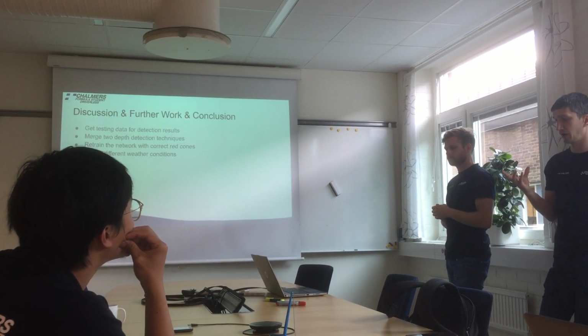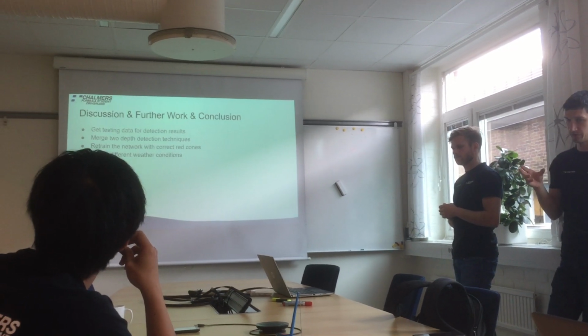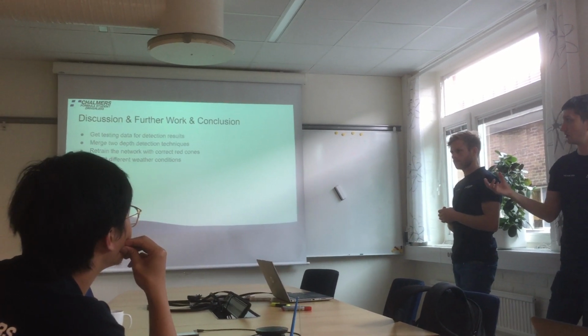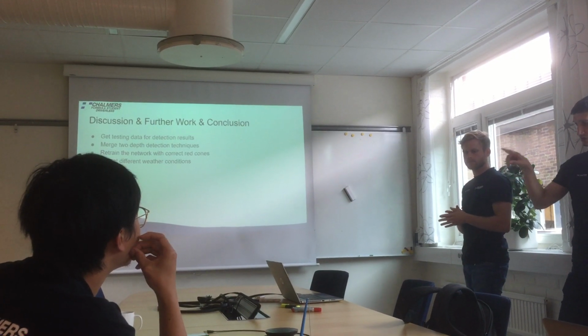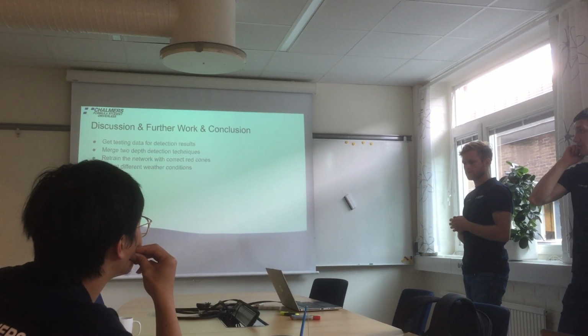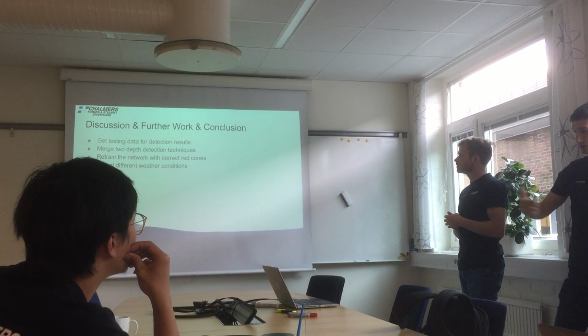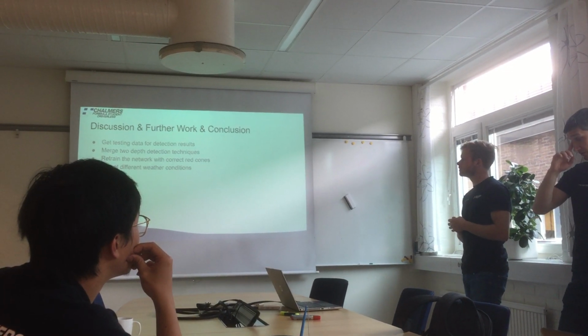So we want to compare the certainty of depth versus the certainty of cone detection, and take the one that's more certain. And maybe if none of them are, then we can take the third one, which is based just on perspective.